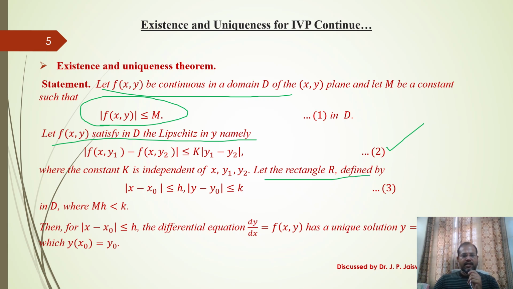We define rectangle R by mod of x minus x naught less than or equal to h, mod of y minus y naught less than or equal to k in D, and we restrict h and k such that M times h is less than or equal to k. Then for any x with mod of x minus x naught less than or equal to h, the differential equation, that means the initial value problem, has a unique solution y equal to y(x), which also satisfies the initial condition.